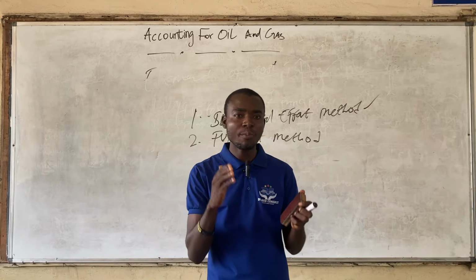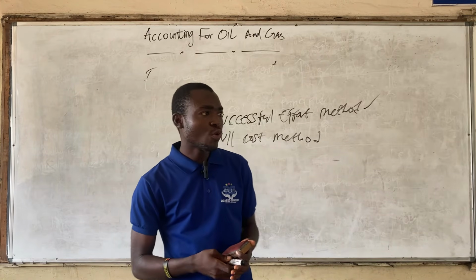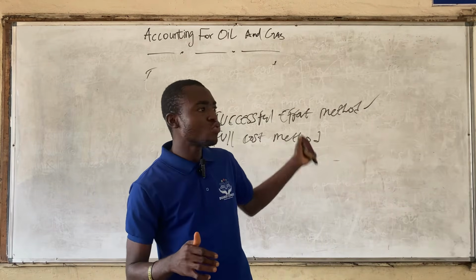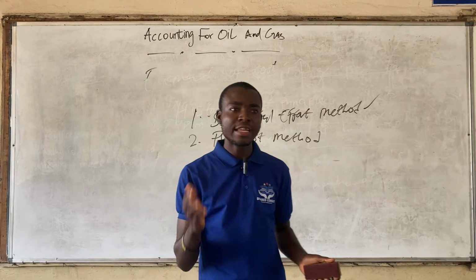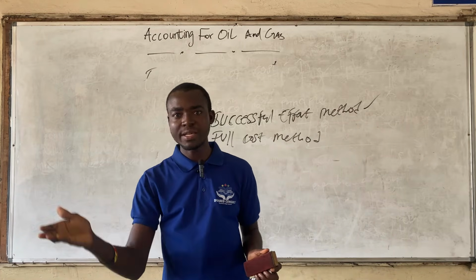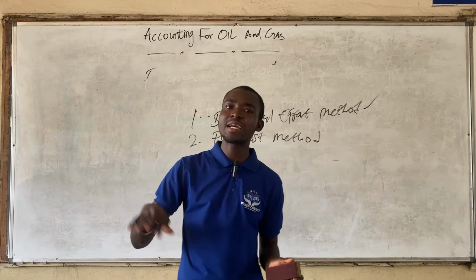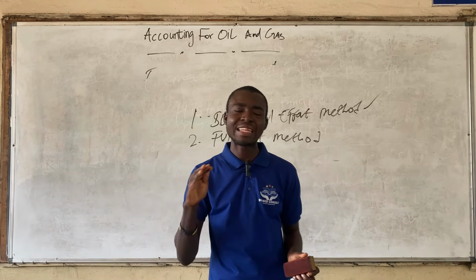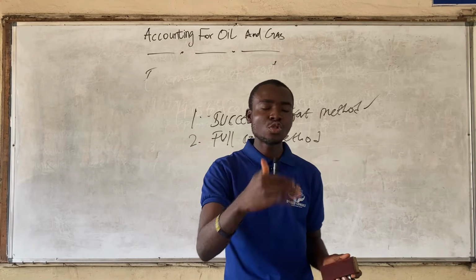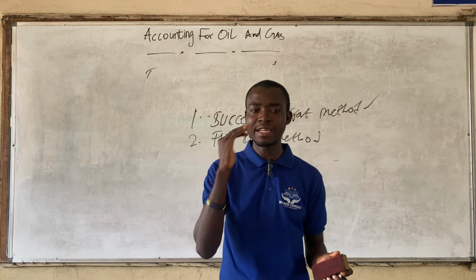So one way to differentiate between these two methods is whether a transaction will be capitalized or expensed. Expense means the cost of the transaction will be written off at the end of the year against our profits. So it means that the transaction will be treated in the income statement as an expense.